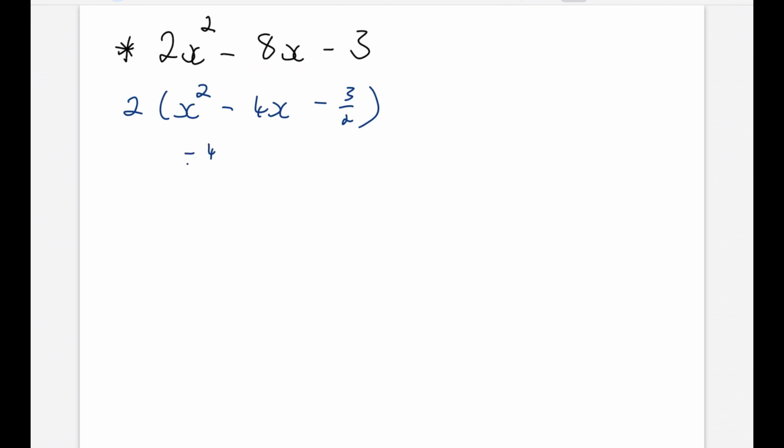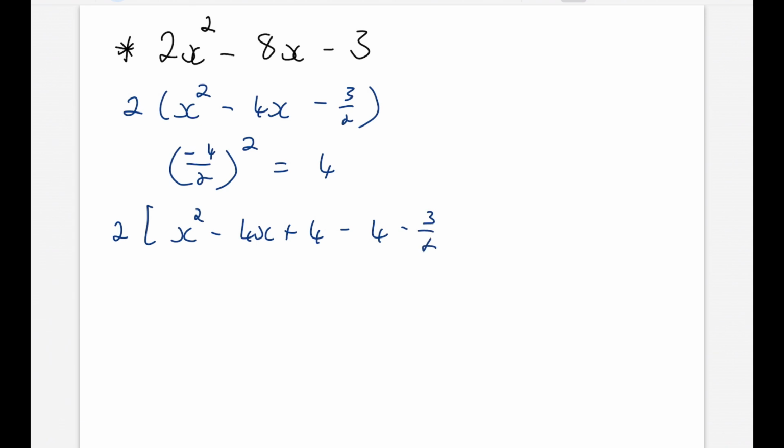We're going to take half of b and square it. So negative 4 divided by 2 is 2, and 2 squared is 4. So we now have 2 into x squared minus 4x plus 4 and minus 4 minus 3 over 2. I'm simply adding and subtracting the special number. Then I'll look at the first three terms as a separate trinomial.